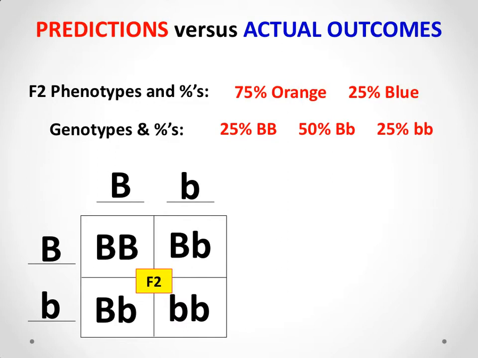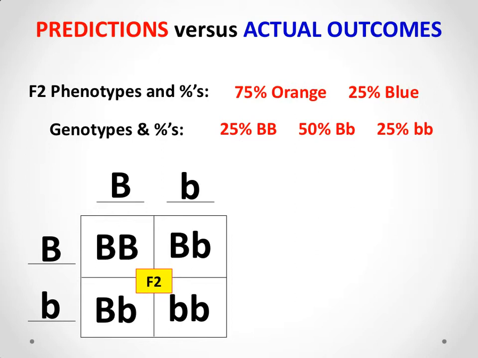And remember, Punnett squares are not results. They're just predictions, but we can use these predictions and compare them to the actual results of the living fish. So let's examine the ratios for both phenotypes and genotypes of the F2 based on our hypothesis.